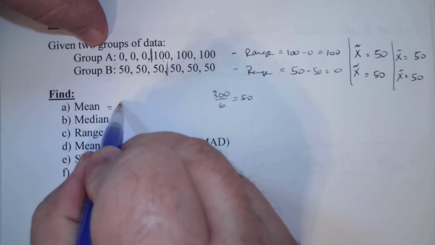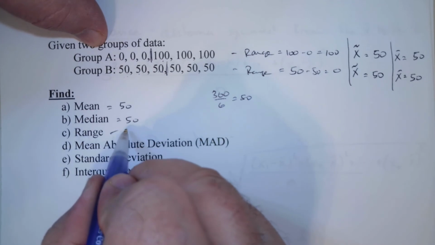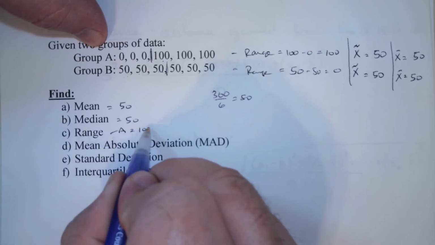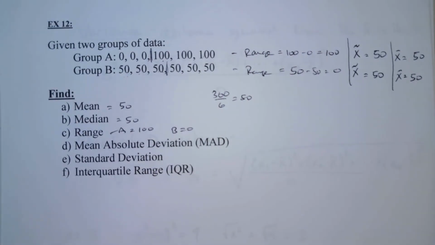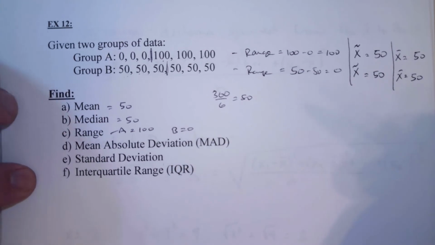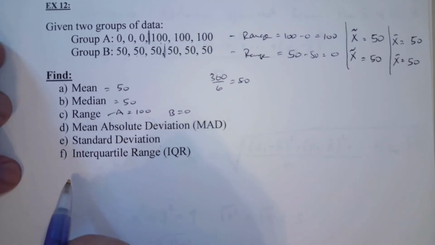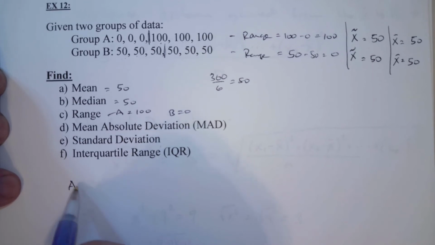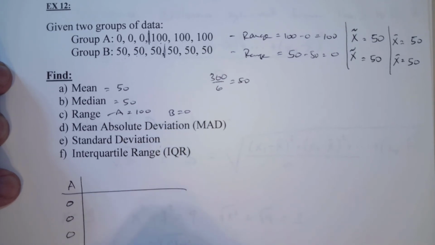So we know Group A, the range is 100. Group B, it's 0. So let's find the IQR, the MAD, and the standard deviation. I'm only going to do one of them, then you do the other one for practice. 0, 0, 0, 100, 100, 100.